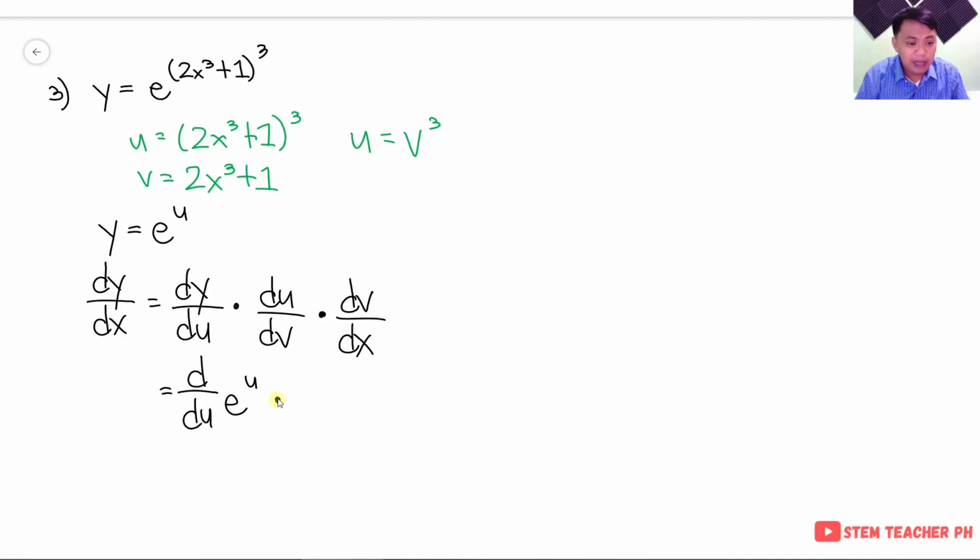Tapos, imumultiply naman natin sa derivative with respect to v nung u, that is equal to v raised to 3. Pwede natin itong kuhanin via power rule. Tapos, lastly, imumultiply naman natin sa derivative ng v, that is 2x cubed plus 1. So, derivative with respect to x nung 2x cubed plus 1. Medyo humaba siya, pero mas madali na siyang kuhanan ng derivative kasi puro power rule na lang ang gagamitin natin.